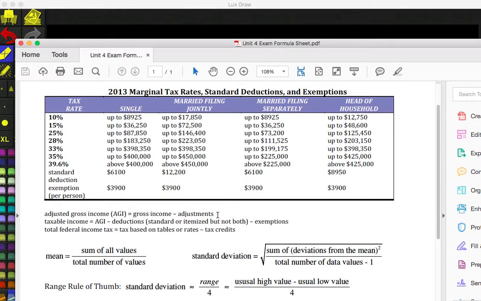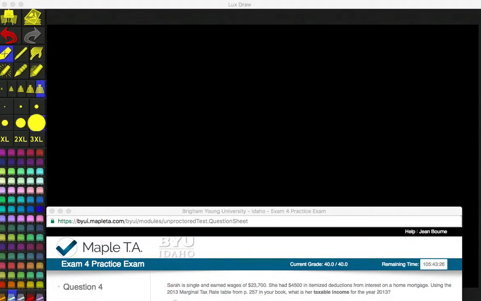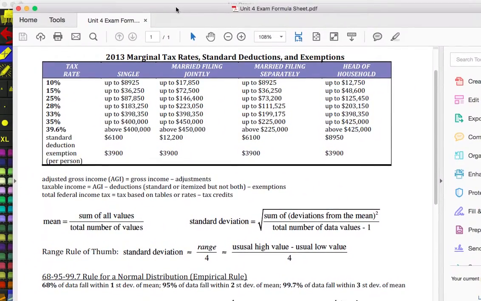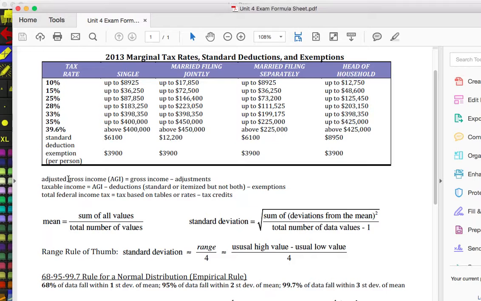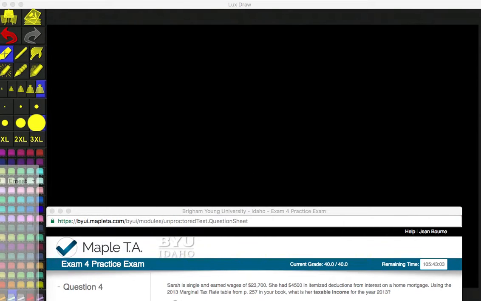And they'll tell you if there's an adjustment. Sarah does not have an adjustment. She does, however, have exemptions and deductions. So she's going to take her adjusted gross income, which in this case is her gross income, and subtract her deductions and exemptions, and that will give you her taxable income, and that's what they want to know. What's her taxable income?